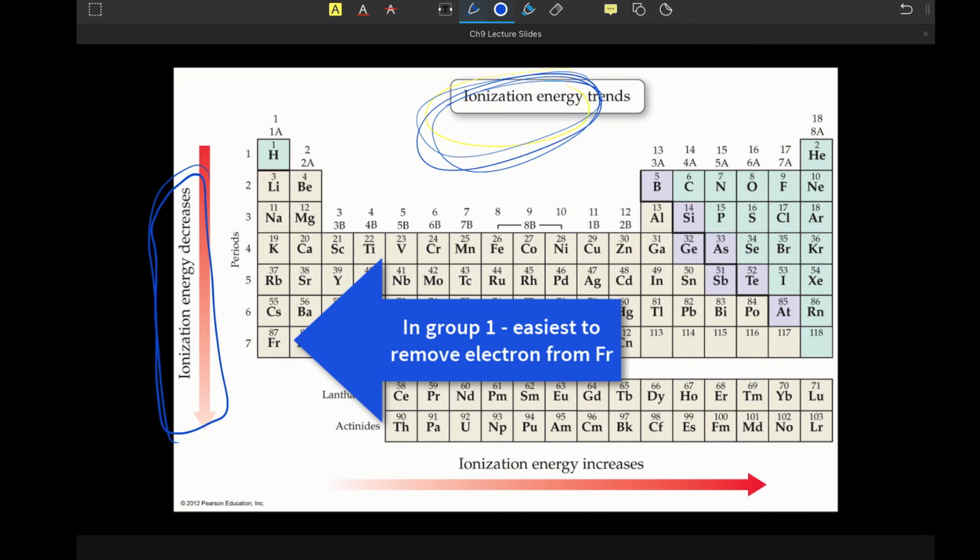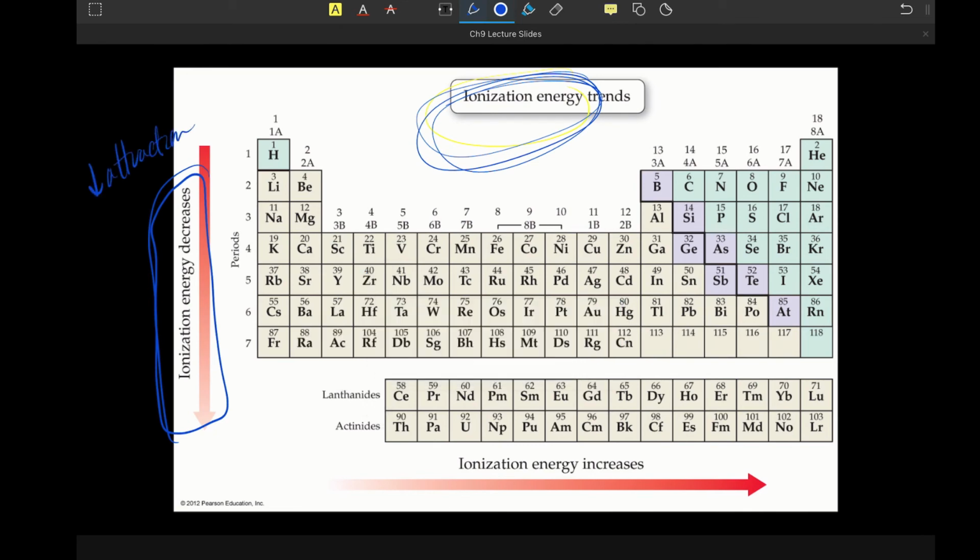That's because there is a decreased attraction between the valence electrons and the nucleus, because that's what all of this is driven by: the valence electrons are attracted to the nucleus. More attraction, harder to remove. Less attraction, easier to remove.